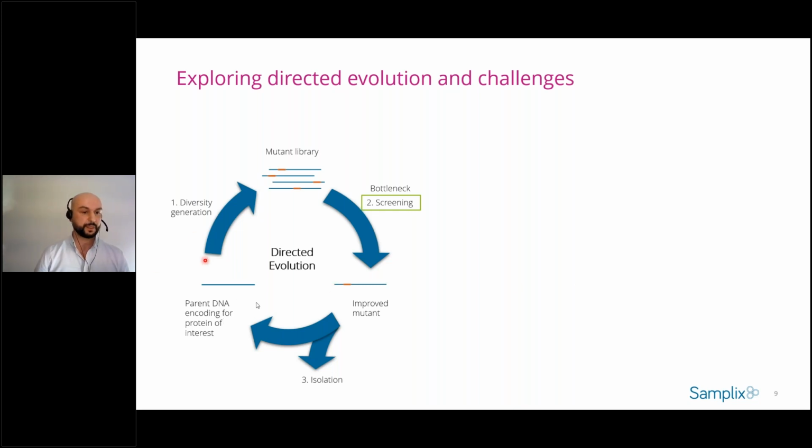First, we start with a parent DNA encoding for the protein of interest. In the first step, the diversity generation, mutations are randomly implemented into the genome. And this yields a mutant library.